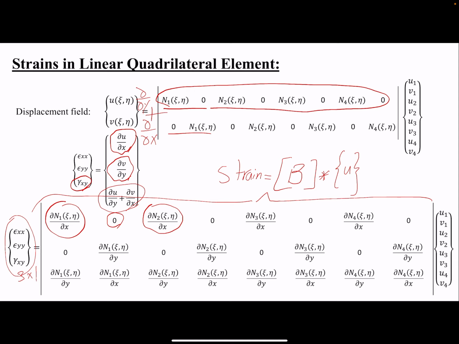So the B matrix is the bridge between displacement and strain, and it is used in our calculations. Let's remember this definition of the B matrix. The B matrix is a property of our element. Different elements have a different B matrix, because the B matrix is simply a derivative of our shape functions, and we know shape functions are characteristics of elements.